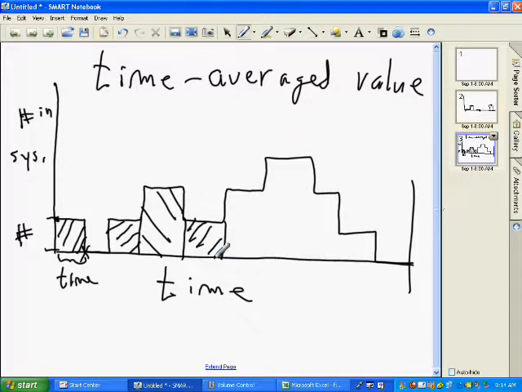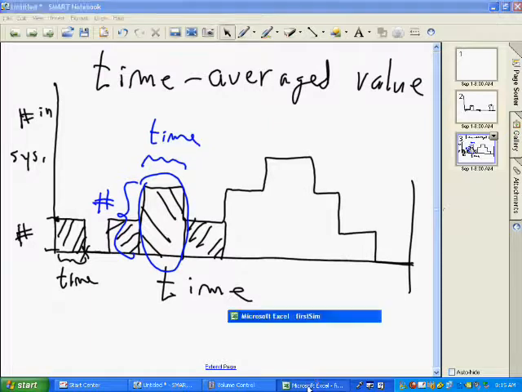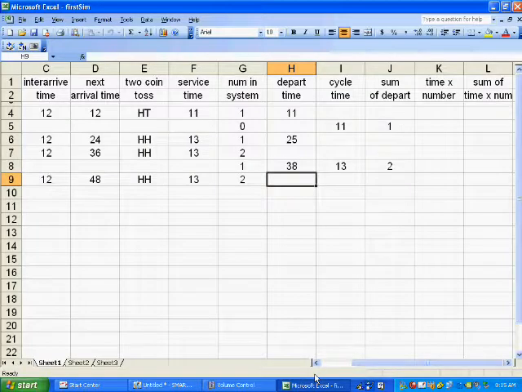The amount of area here is always the number, that's the height, times the width, which in this case is the time. Okay? So let's go back to our spreadsheet. That's what columns K and L are. K is the area. Remember, the area is the time, that's the width, multiplied by the number. Okay? So let's see, we always start at 0.